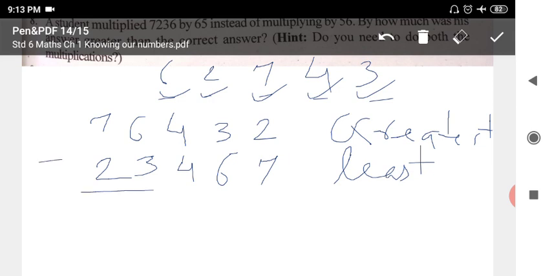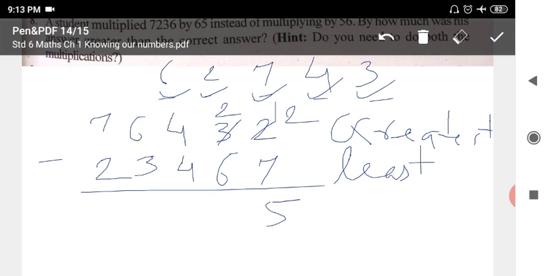By subtracting the smaller number from the bigger number. So let us see, 2 minus 7 is not possible, so we cut this 3 in the tens place. It becomes 2, and 2 becomes 12. 12 minus 7 we get 5.